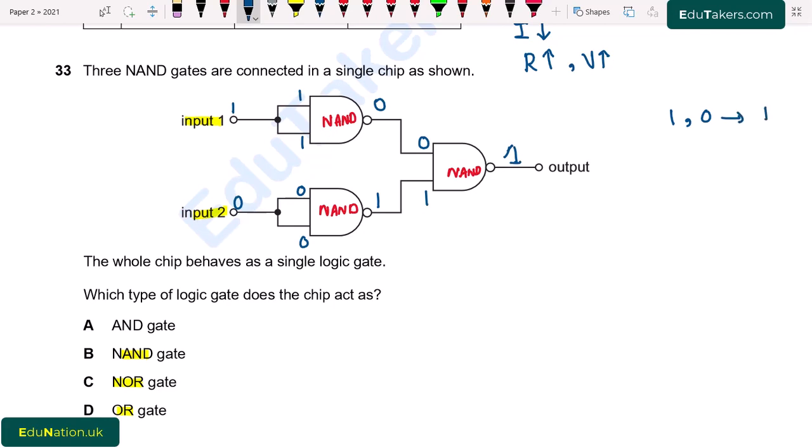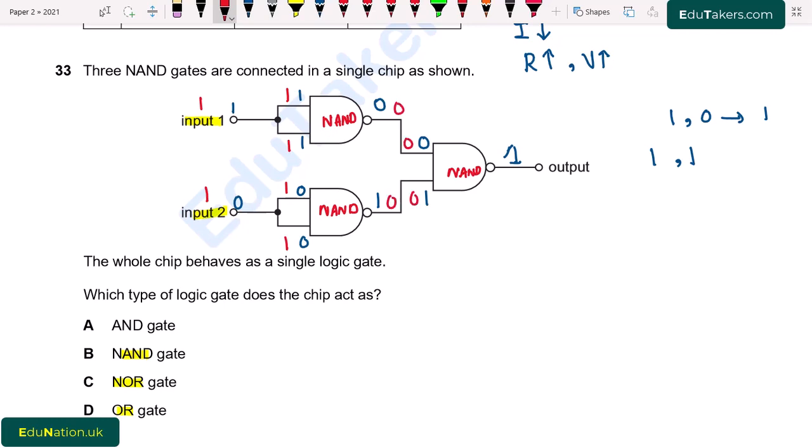Secondly, we check another input which is 1 and 1. Then what will happen? If I suppose that here input is 1 and input is also 1. So here is 1 and 1. Again 1 and 1. Here 1 and 1, the output will be 0 and here output will be 0.